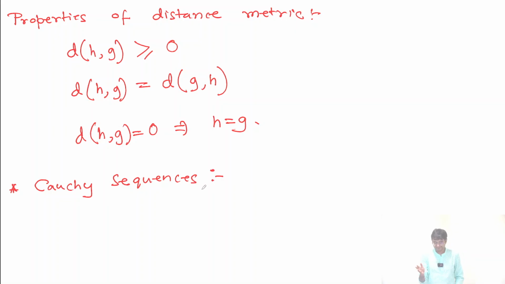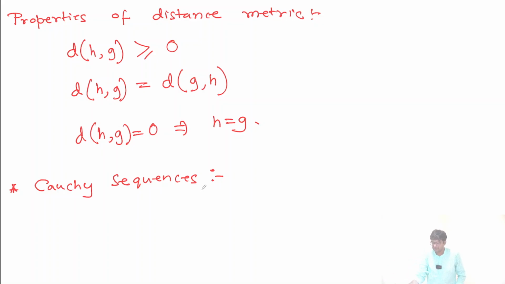I will not write it mathematically, you can check it out, but I will define it. A Cauchy sequence is a sequence of functions f1, f2, f3, f4 from a square integrable function space such that the distance between two consecutive members of the sequence keeps on reducing as you go along.